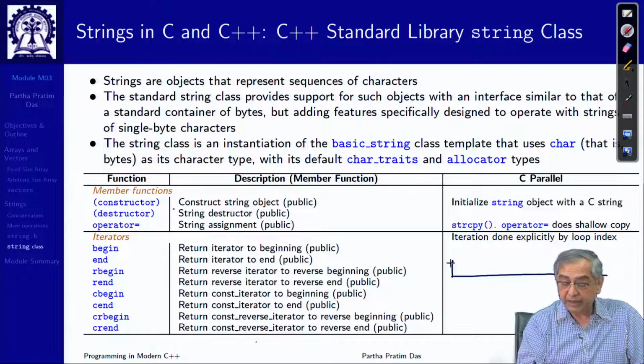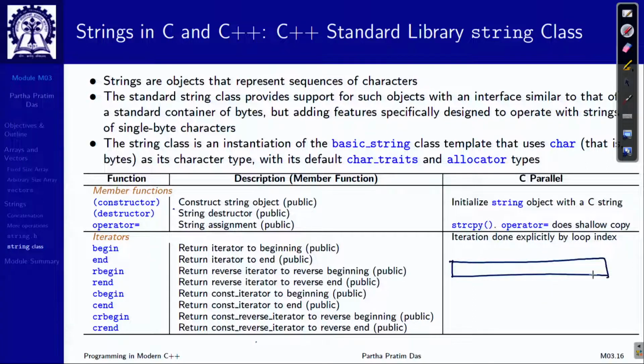So, if you have a string here, and these are the different locations in the string, you can put a marker here, and I can put a marker here. So, this is the begin and this is the end.